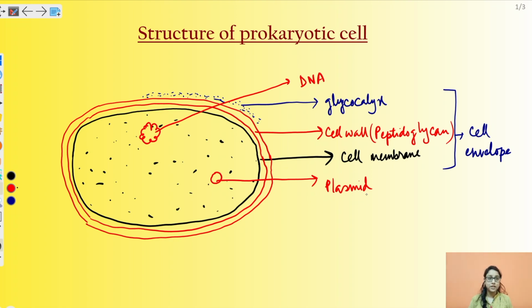In these plasmids, we can find several genes, such as resistance genes which provide resistance against some antibiotics. There will be the F gene, or fertility gene, which will help in the production of the sex pili.